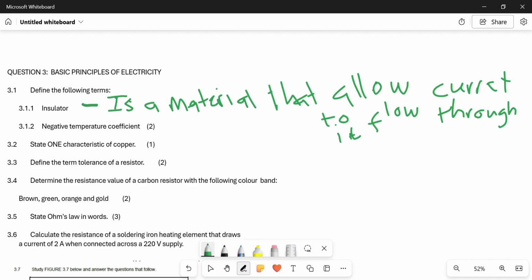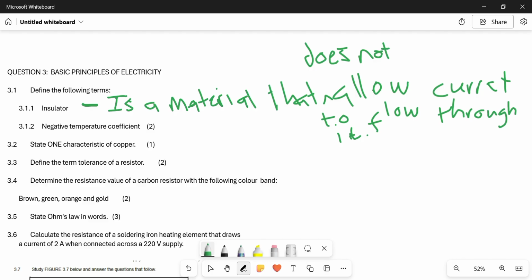It's a material that does not allow current to flow through it, or you can say electrical current, but then you won't be penalized.